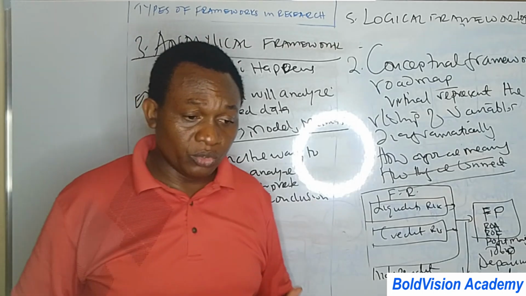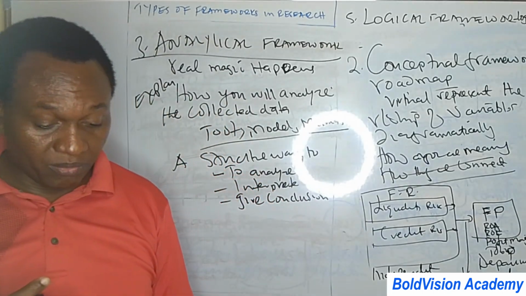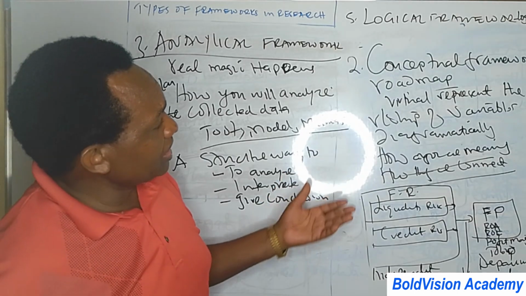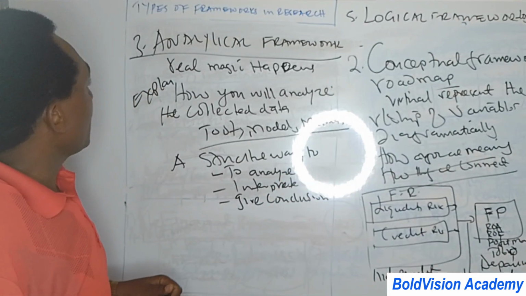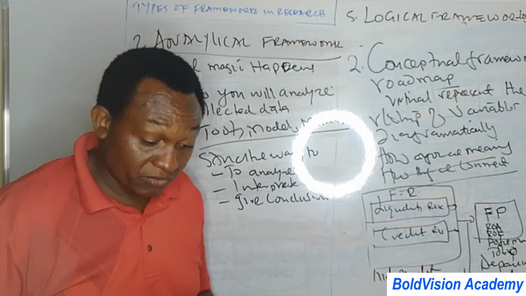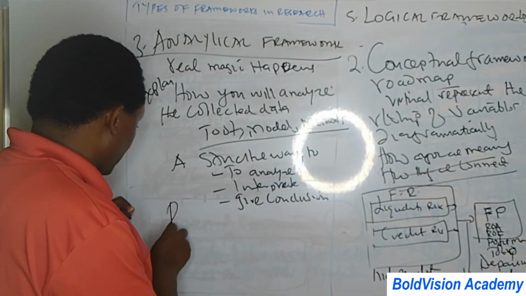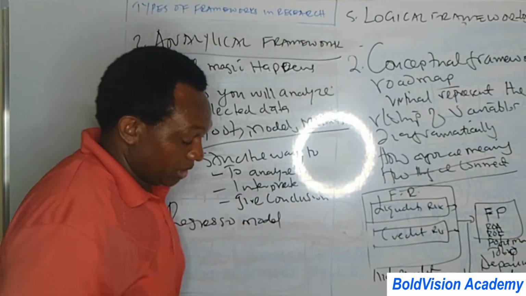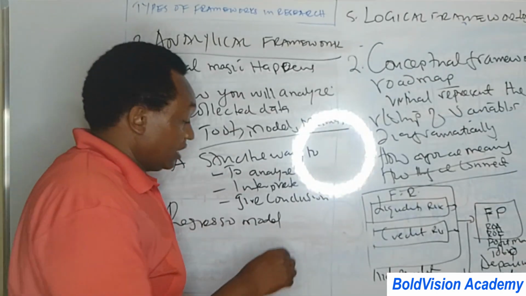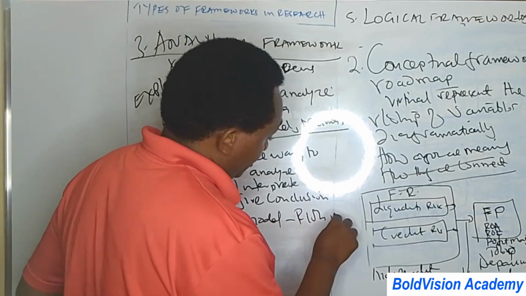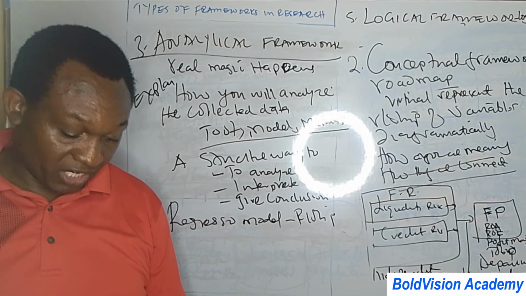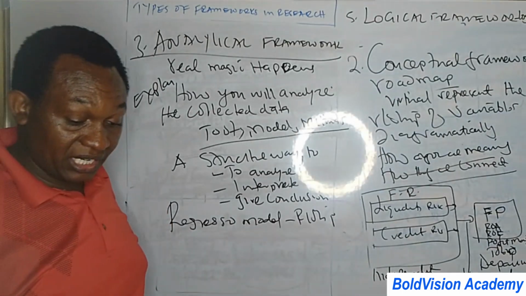And how do you figure out the model? You can use different tools. For example, in studying the relationship between financial risk and financial performance, you can use a regression model. That will establish the relationship between the variables and the impact that it has.